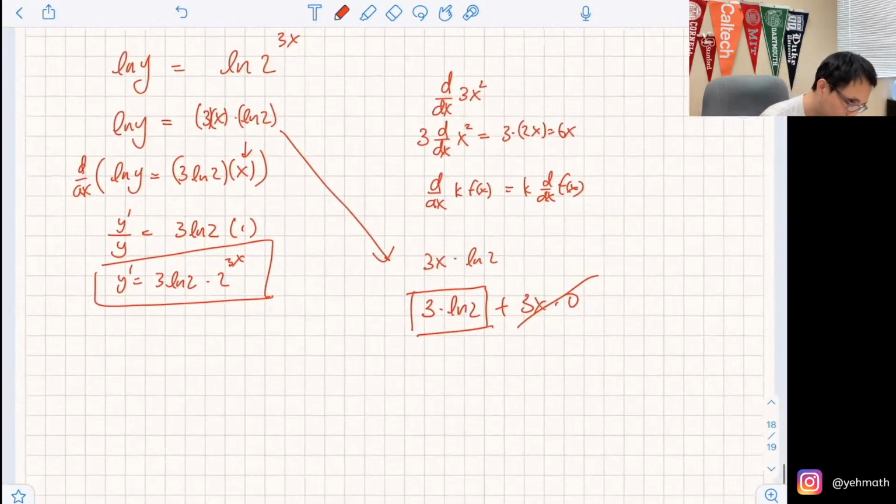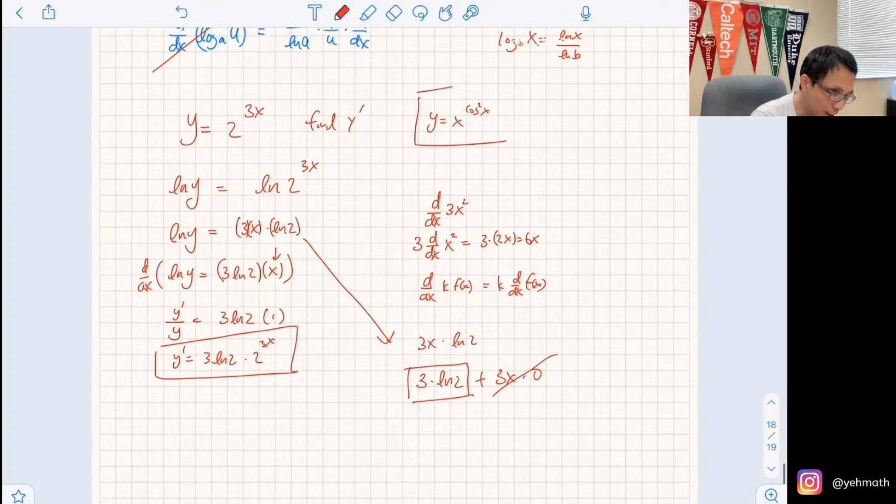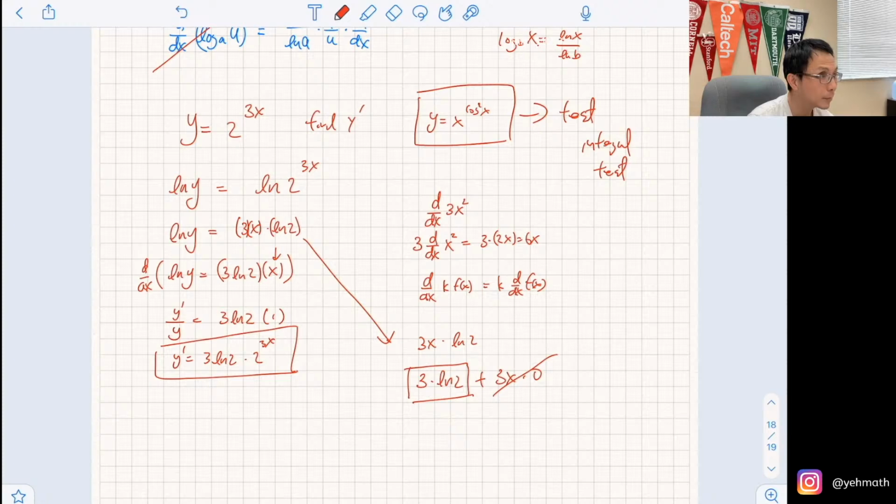Well, I don't think we did that in class. We did that on the last test. We did this question on the last test, the integral test. I'm saying that I don't think we really got it right.